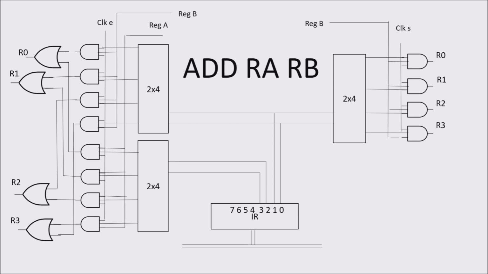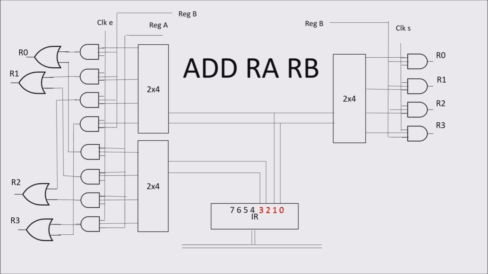Of course, RA and RB are composed of R0, R1, R2 and R3, so in the end we have to act on the set and enable of R0, 1, 2 and 3. Let's see how. First we choose the right register with the decoders, bits 3 and 2 for register A and bits 1 and 0 for register B. Once chosen the register through bits 0, 1, 2, 3 of the instruction register, we need the AND and the OR because they allow the enable and set only at the right time.